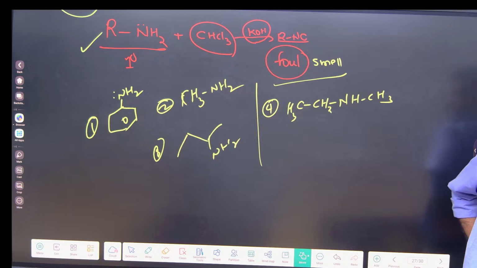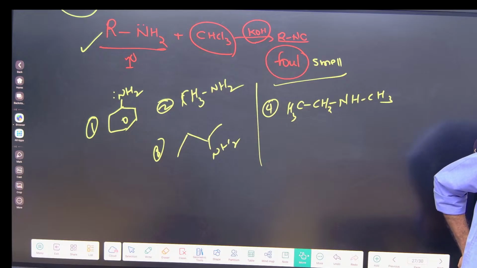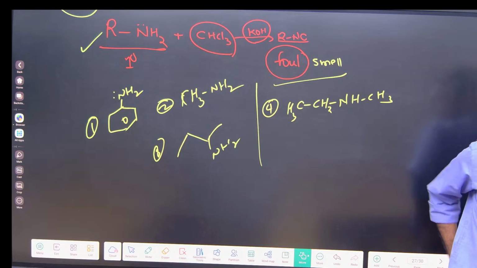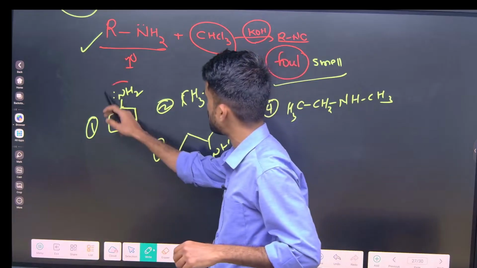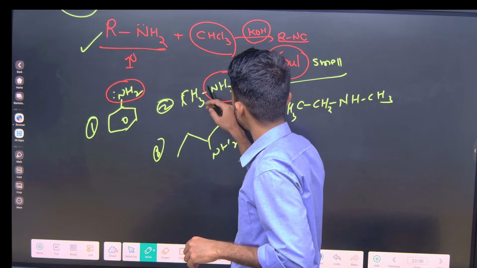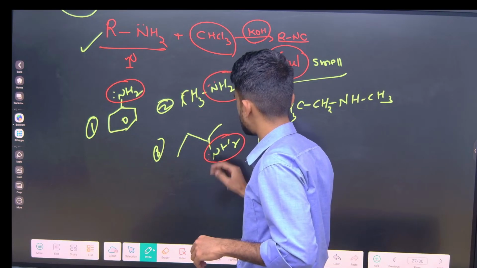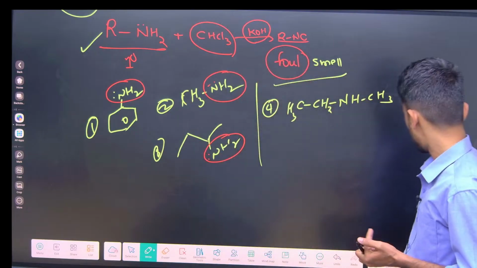So 1, 2, 3 will give you the carbylamine test in the given 4 compounds, right? Yeah, so that's it. We have a primary amine here, and here also a primary amine, and this is also a primary amine. That's it. These are the 3 that will give you the carbylamine test.